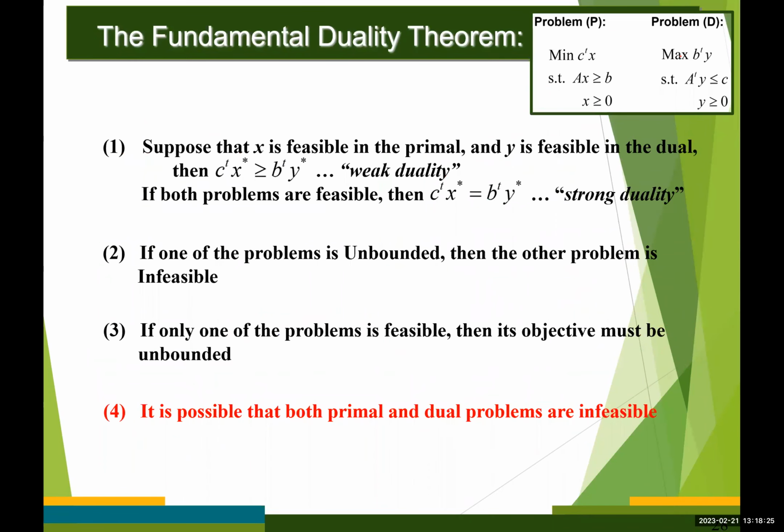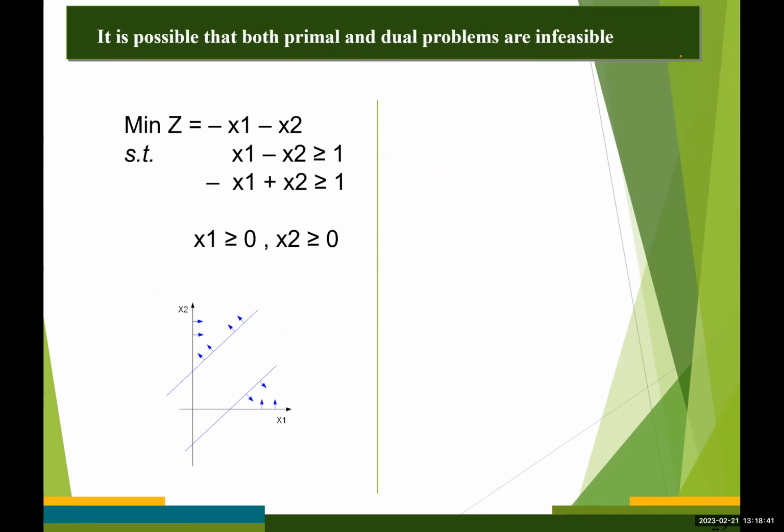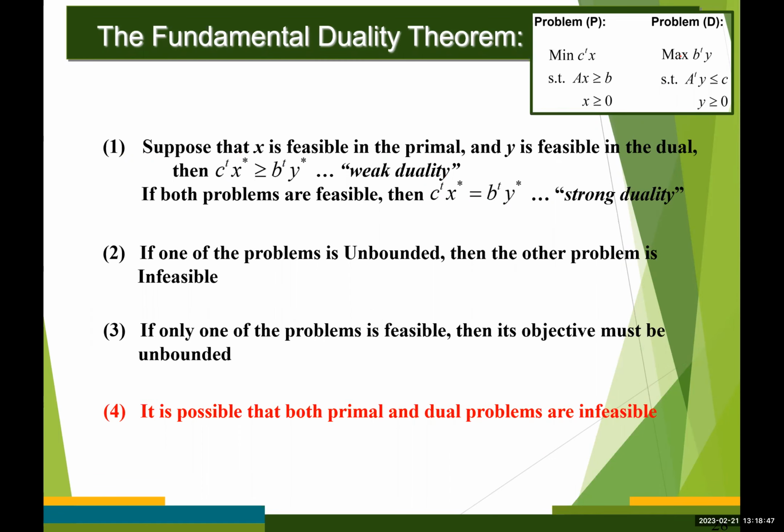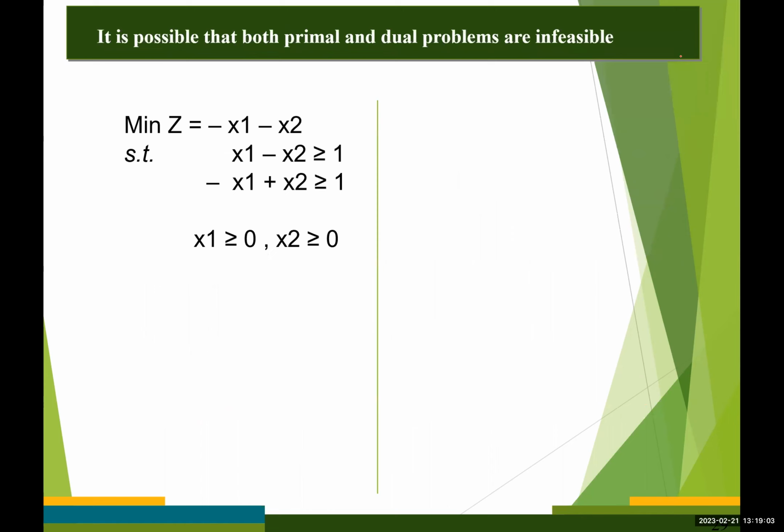Okay, and the next example will show that if the primal LP has no feasible solution, the dual LP can also have no feasible solution. So it is telling you that both primal and dual problems can be infeasible at the same time.